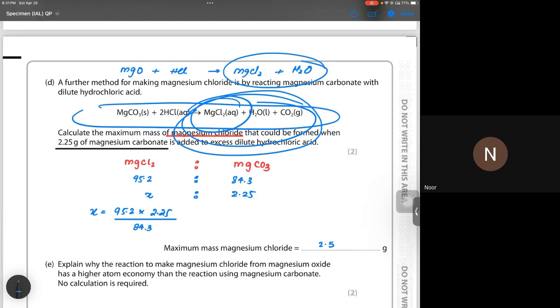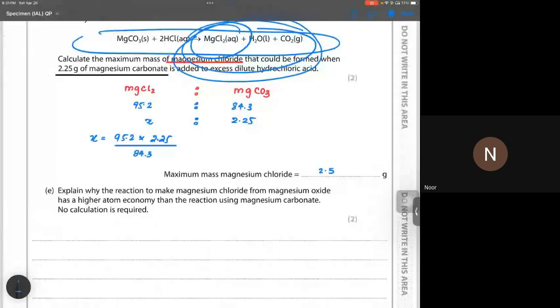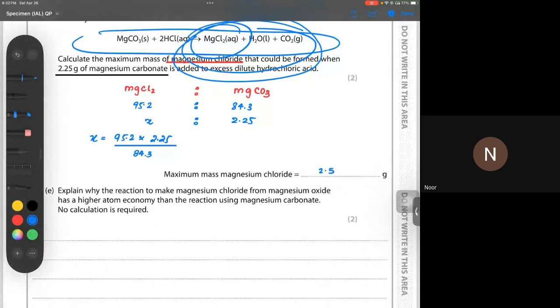So I can write that the reaction with magnesium oxide is having less number of products, or you can say less number of waste products.